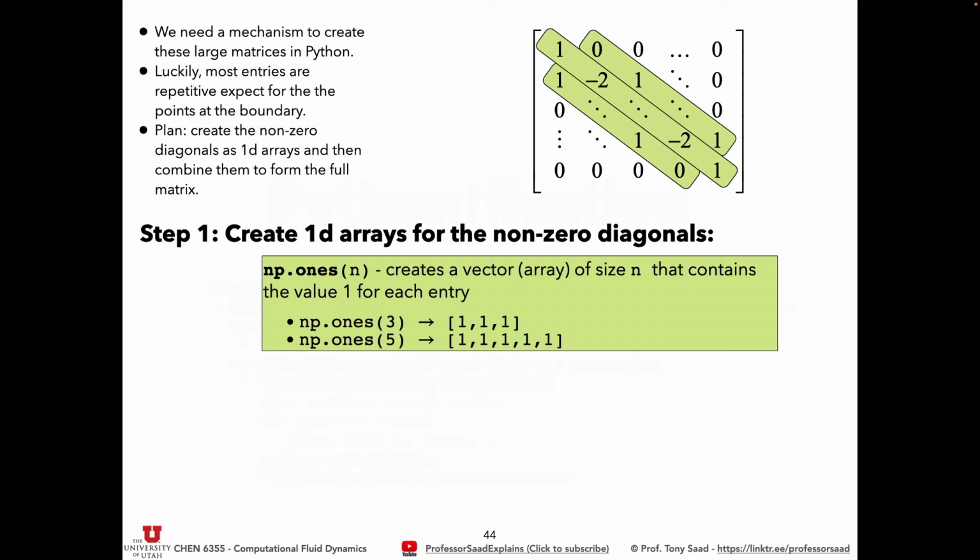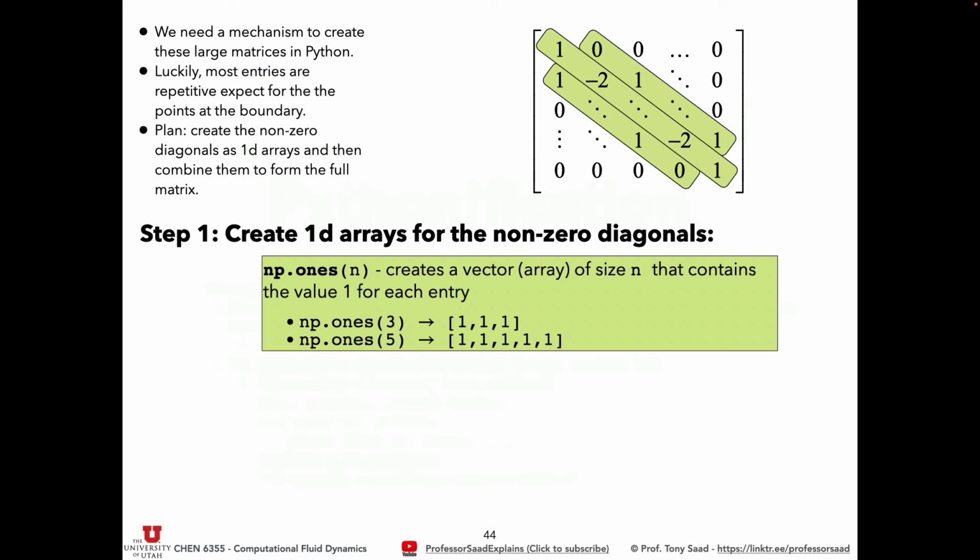It gives you an array with values of 1 in it. What is the size of that array? It is n. So if you want an array of ones of size 3, you say np.ones(3), which gives you 1, 1, 1. An array of ones of size 5, np.ones(5), gives you 1, 1, 1, 1, 1. Great.